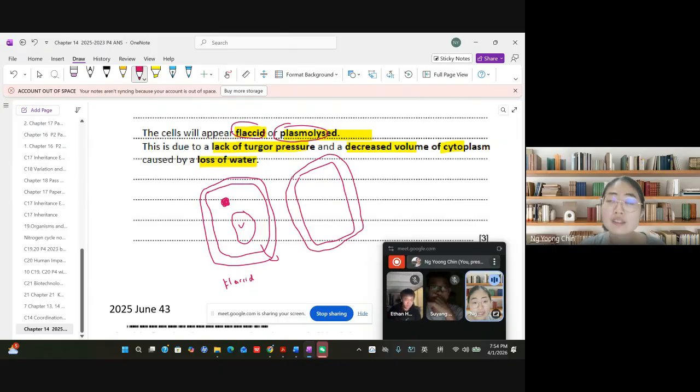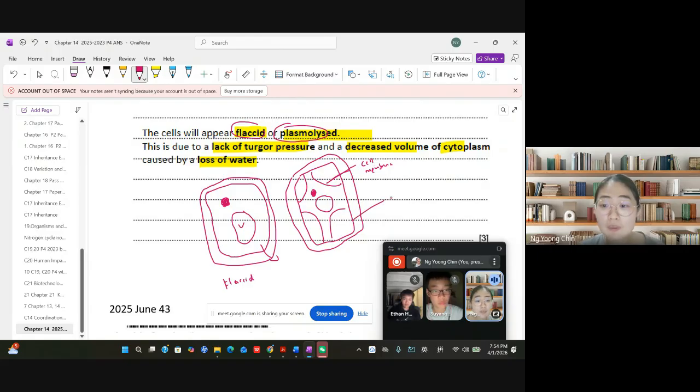You should draw the cell membrane pulling away from the cell wall, like this. Okay, you should draw something like this. This is a plasmolysed plant cell. And then this is the nucleus. This is a vacuole. This shows a plasmolysed plant cell. And this is a cell membrane, because the cell membrane just pulls away from the cell wall.